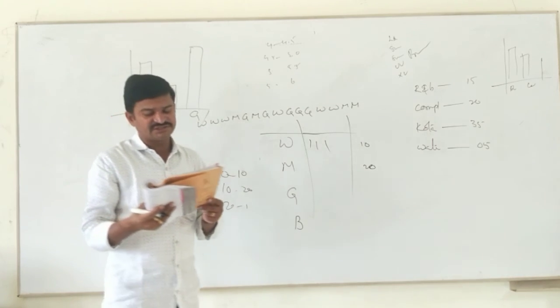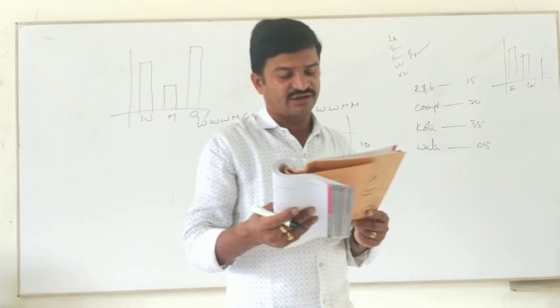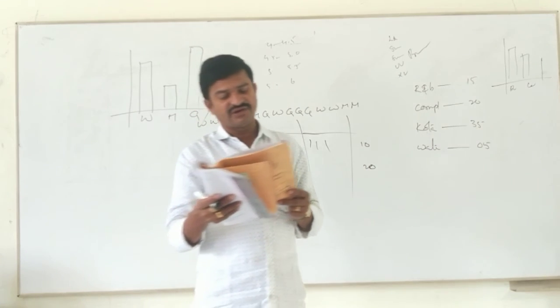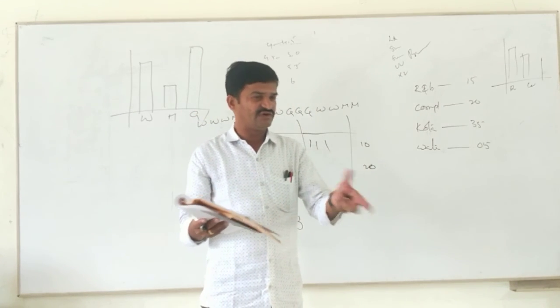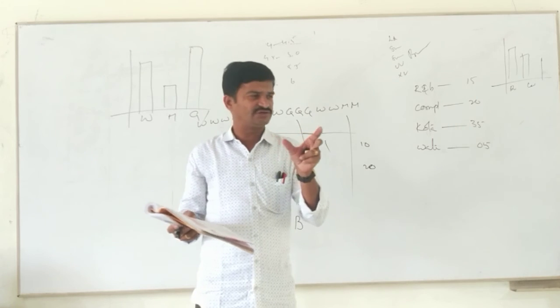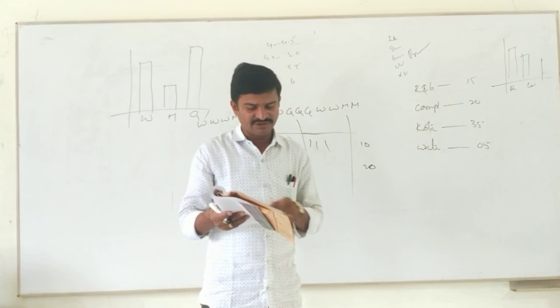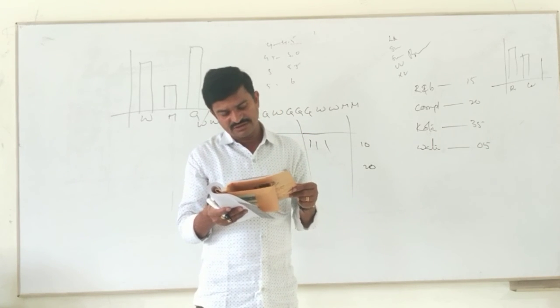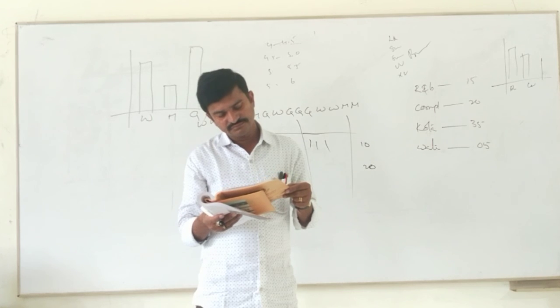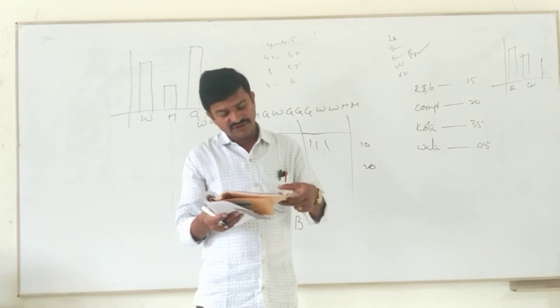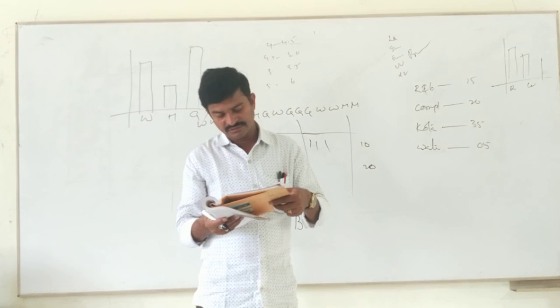Third problem. The weekly wages of 30 workers in a factory are given: 830, 835, 890, 810, something like that. Now we can divide these into groups. What is the least salary? 804 is also there. Yes, sir.